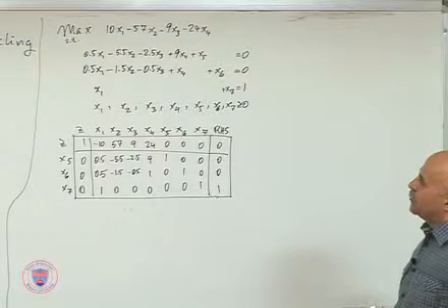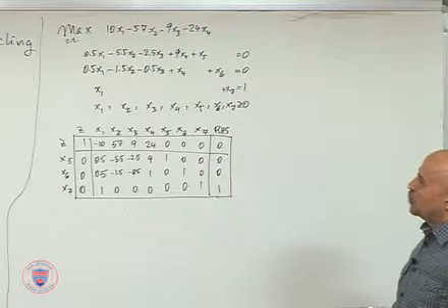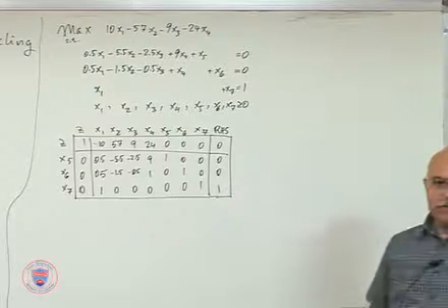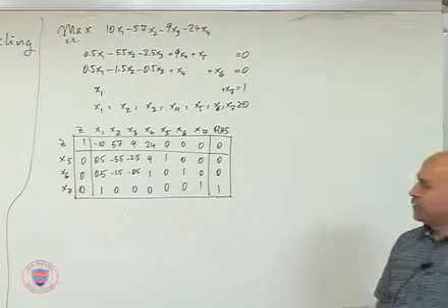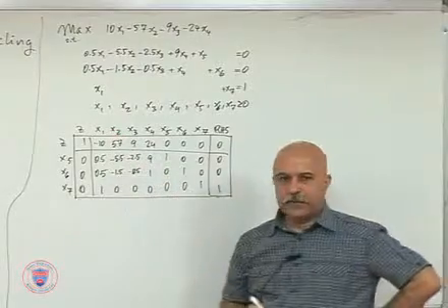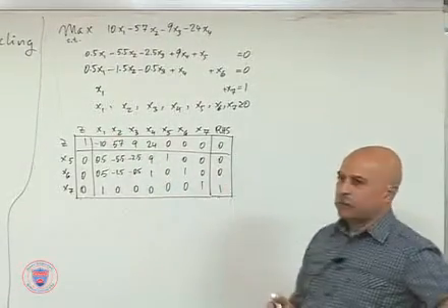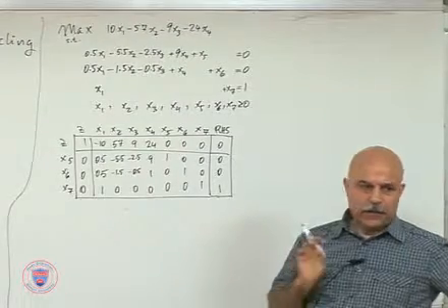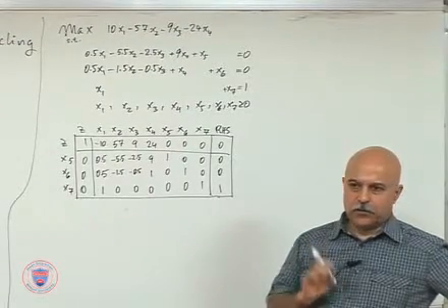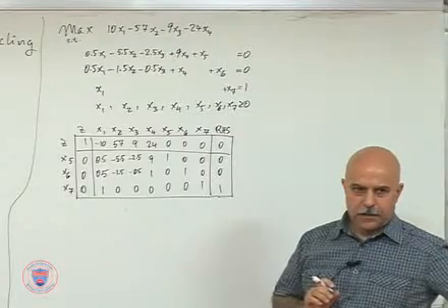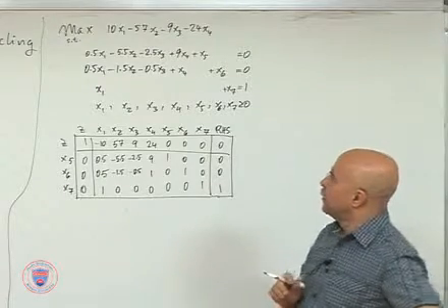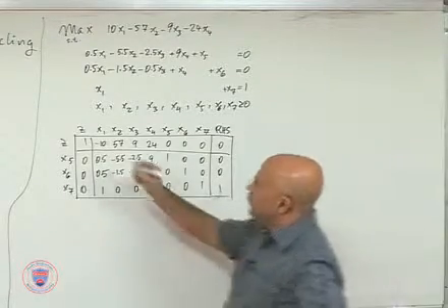Okay, let's go with the rule of choosing the most negative reduced cost to identify the entering variable. And of course, for the minimum ratio, if there are ties for the minimum ratio, let's choose the one with the smallest index as the exiting variable. So let's just make a note of that.